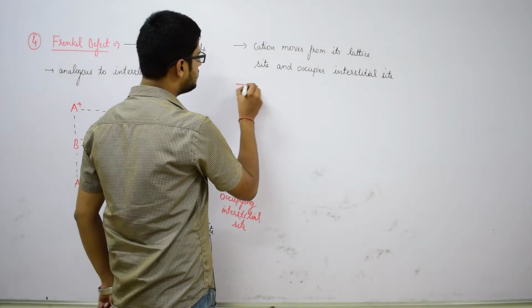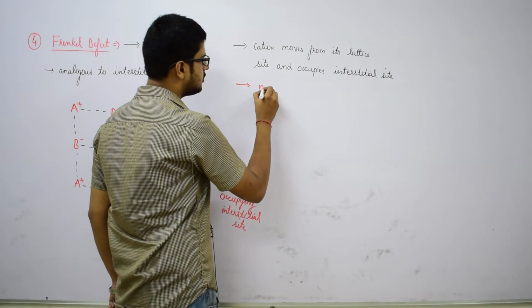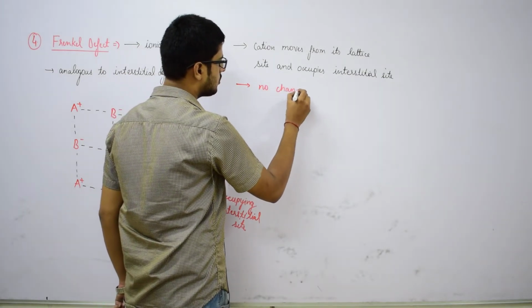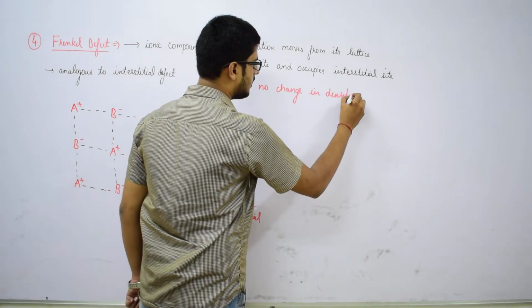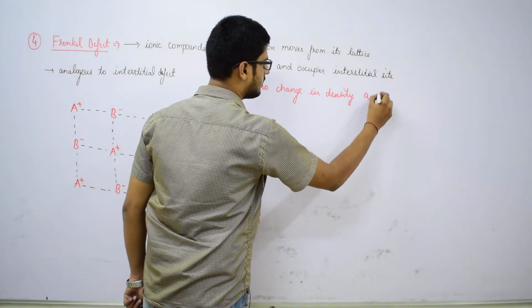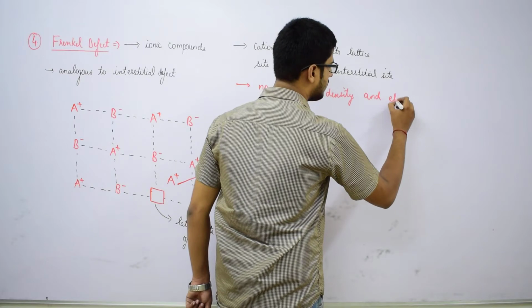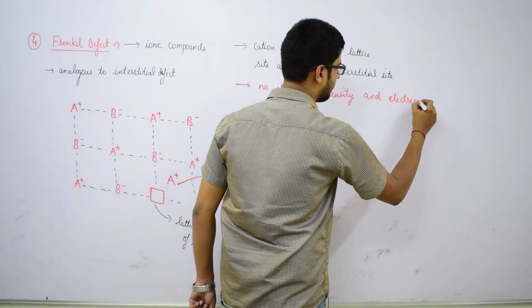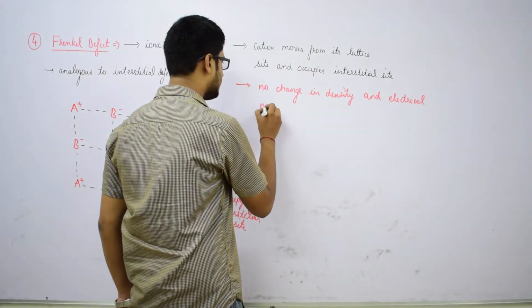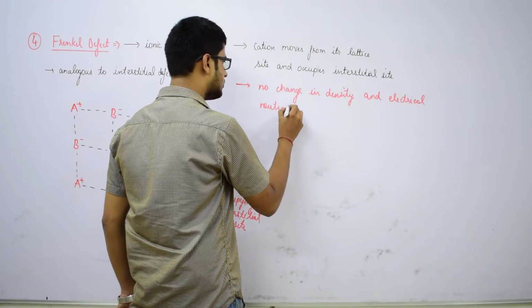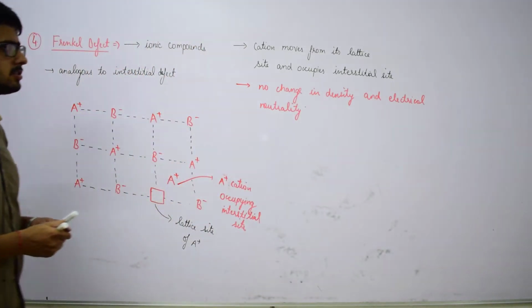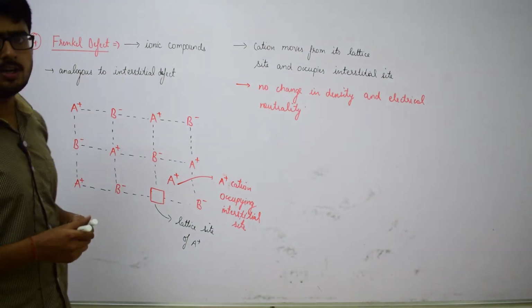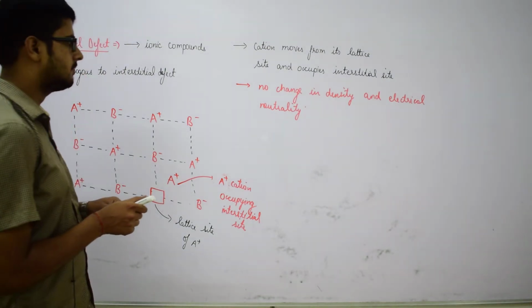So, due to this defect, there is no change in density and electrical neutrality. The compound remains electrically neutral. There is no change in density of the crystal and electrically it is still neutral.